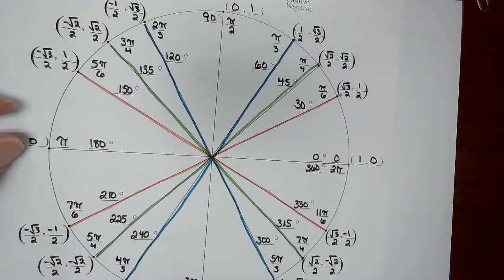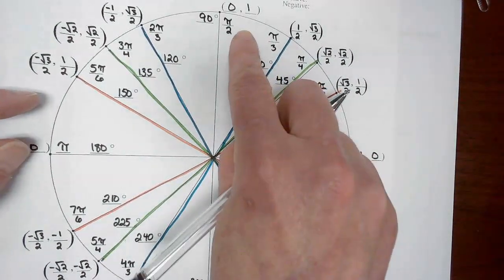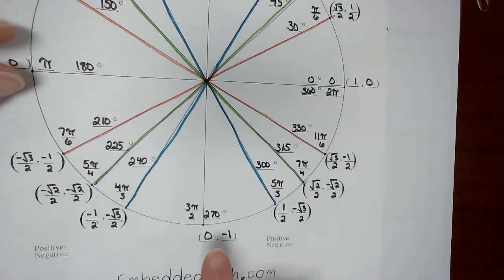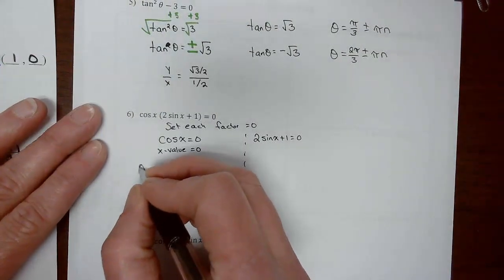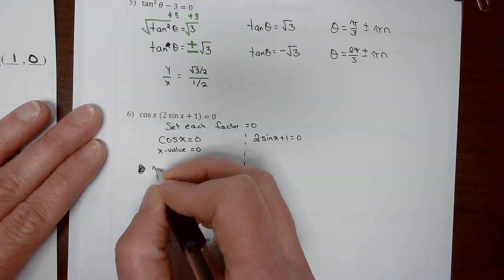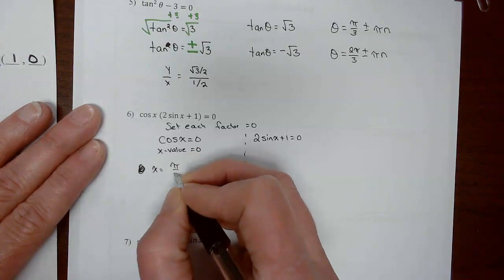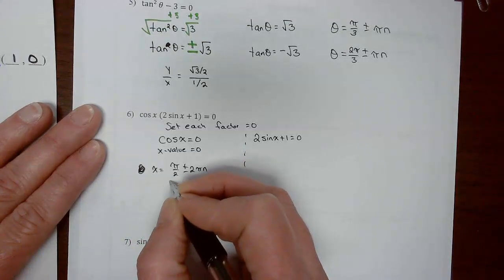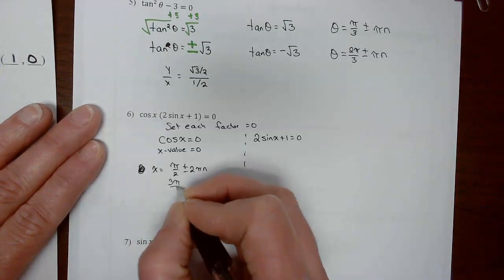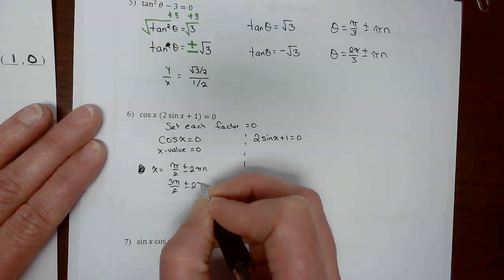So this one just means when are the x values equal to 0. So x value equal to 0, that's going to happen at pi over 2 and 3 pi over 2. So I could put x equals pi over 2 plus or minus 2 pi n, and 3 pi over 2 plus or minus 2 pi n.